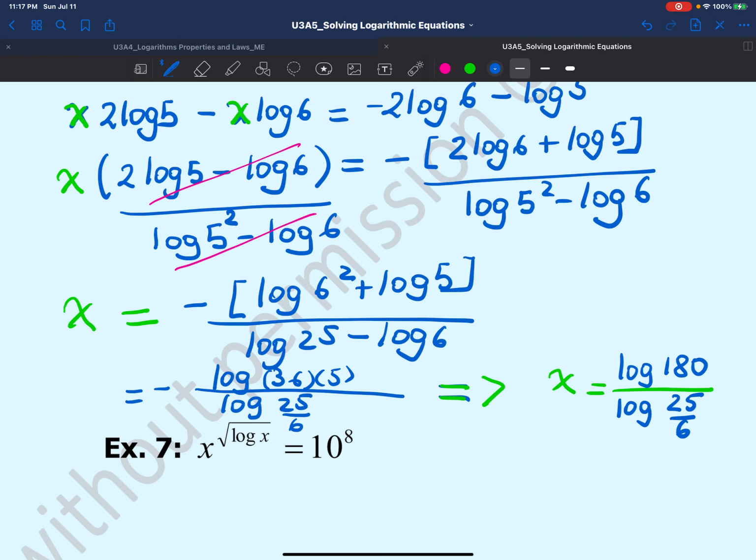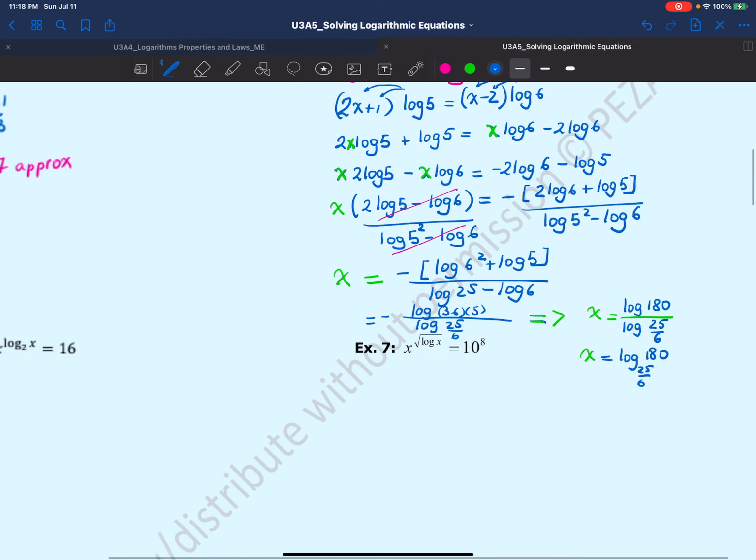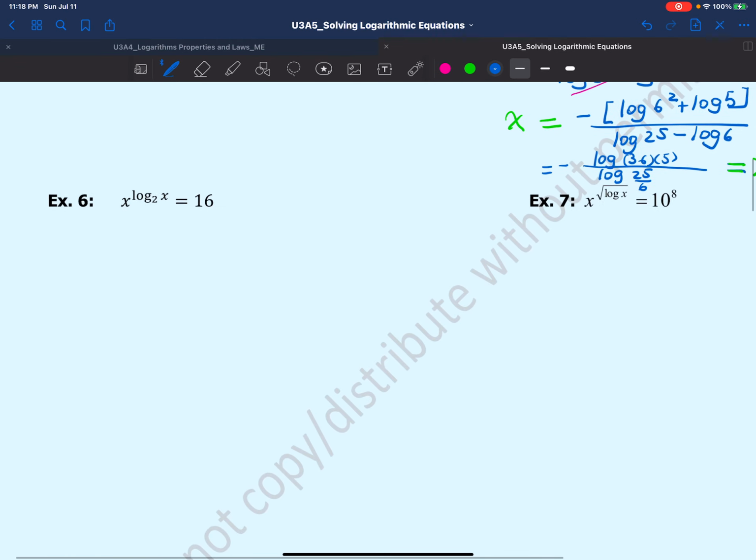So the bases are both 10, so we can write it as log base 25 over 6 of 180, so keep this as a base as well. But since we have a fraction for the base, then we'll leave it in this form. Let's move on to the next example.